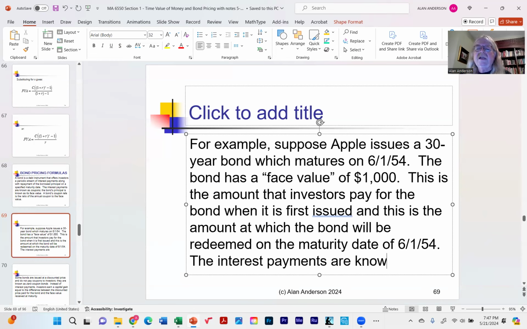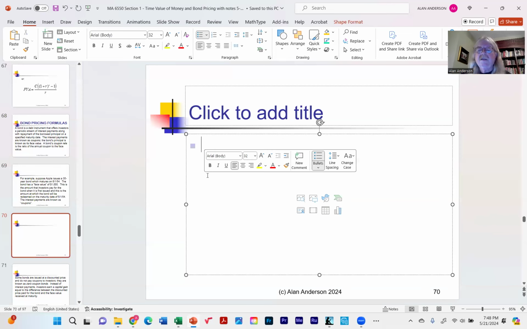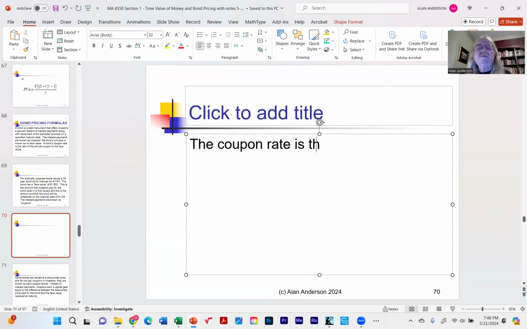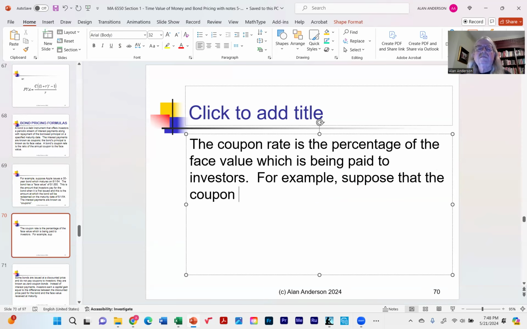Okay, now the interest payments are known as coupons. Okay, now in this case, let's just assume... Oh, and then the coupon rate is the percentage of the face value which is being paid to investors. For example, suppose the coupon rate of this Apple bond is 5%.